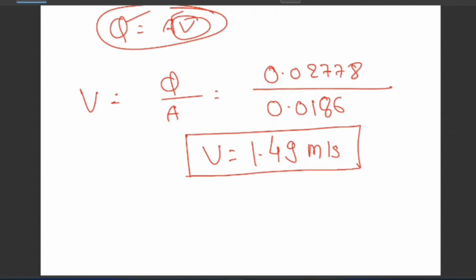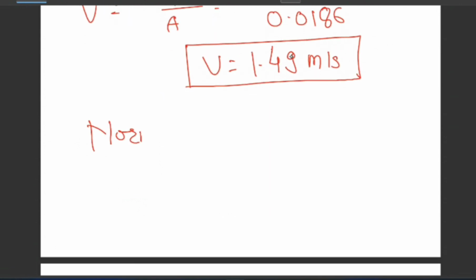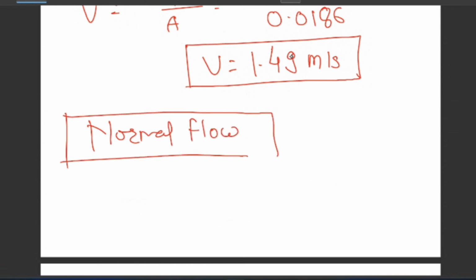So guys, this was for the normal flow, and the Q value was 100 m cube per hour. But I will give you one homework. Calculate the same, using the same method, for the minimum flow. What was the minimum flow?